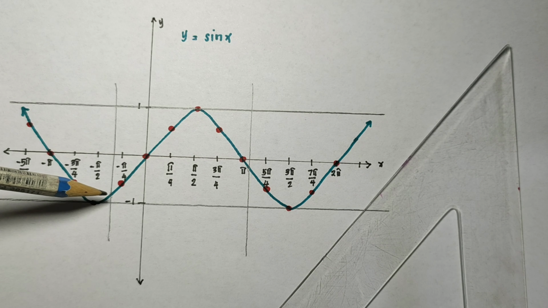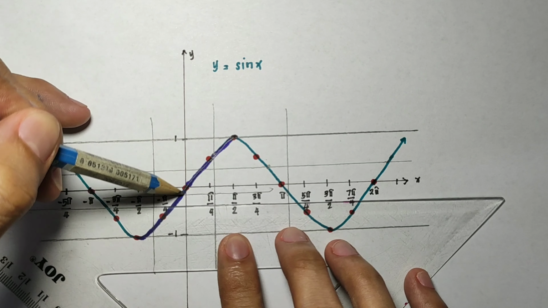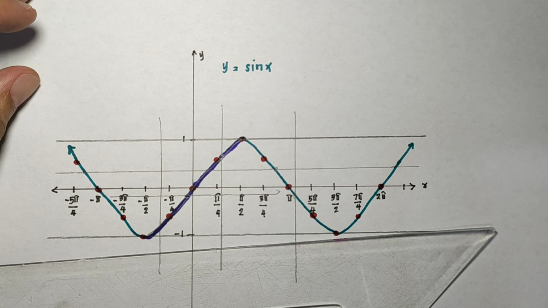So if I draw a vertical line, this will intersect the graph at 1 point. If I draw a horizontal line, looking at this graph, this will intersect at exactly 1 point also.